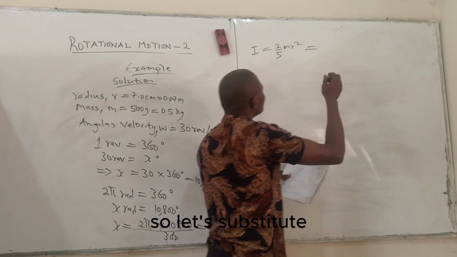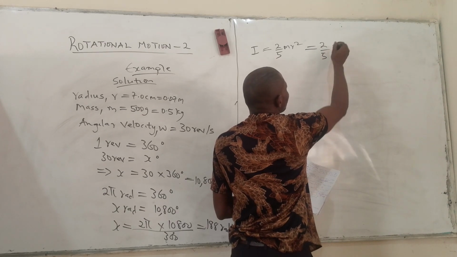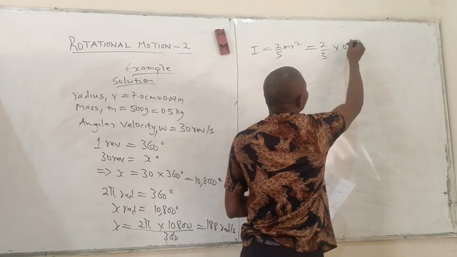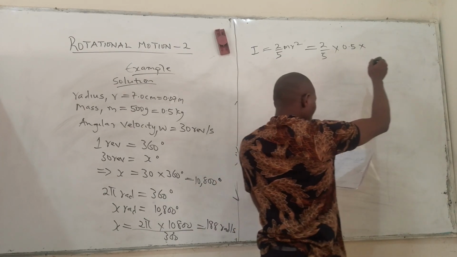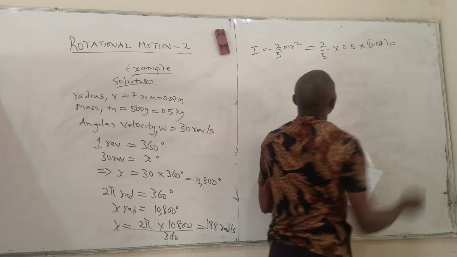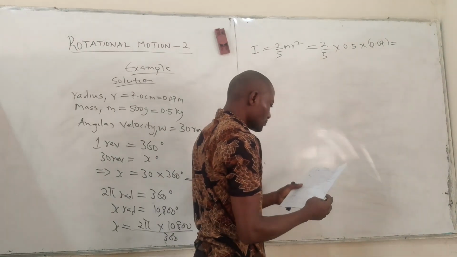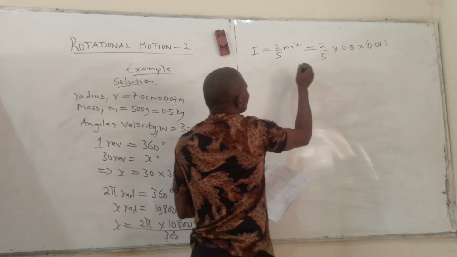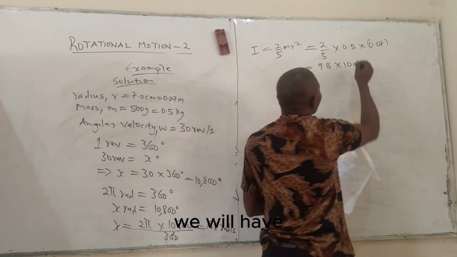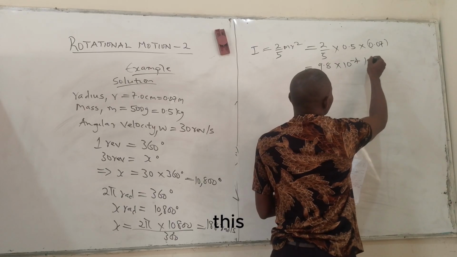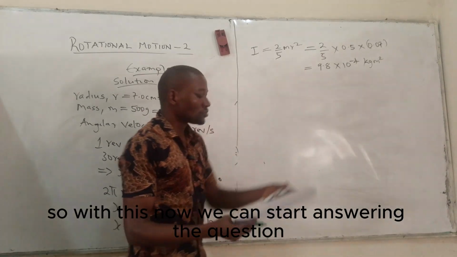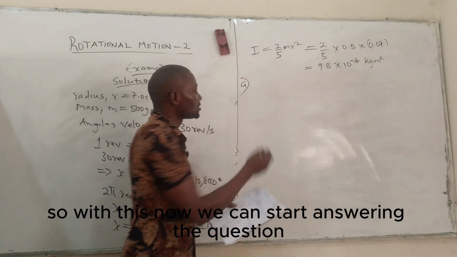So let's substitute the mass of the object, 0.5, so if we simplify this, we will have this. So with this now, we can start answering the question.